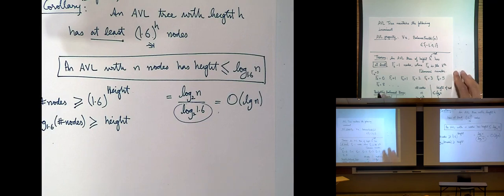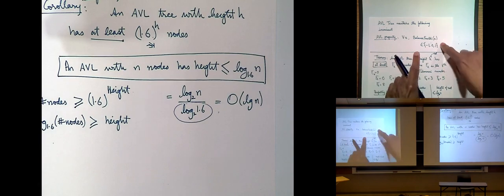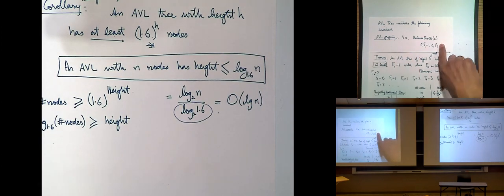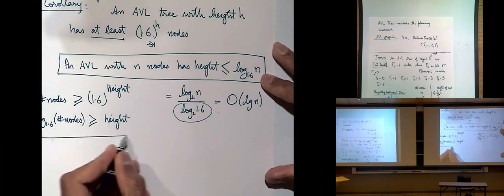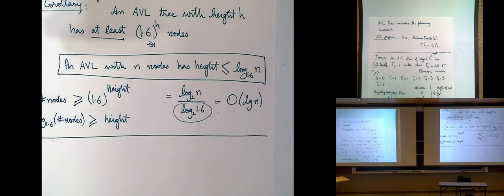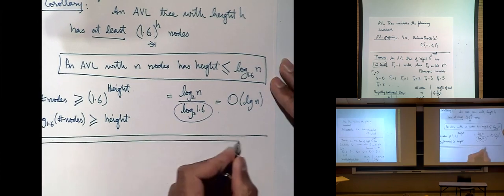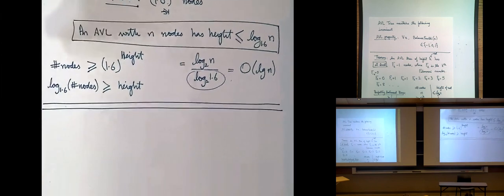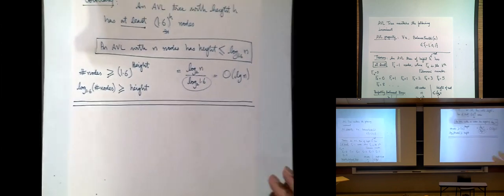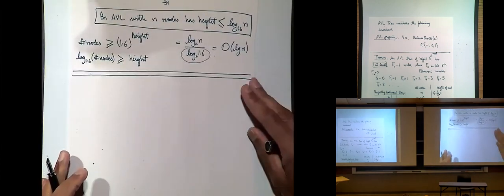So after all this analysis, what remains is to figure out how do you maintain the balance factor. Okay? All right. So we'll take a deep breath. We'll get away from math and go back to trees. So hopefully everyone is more comfortable. Okay.